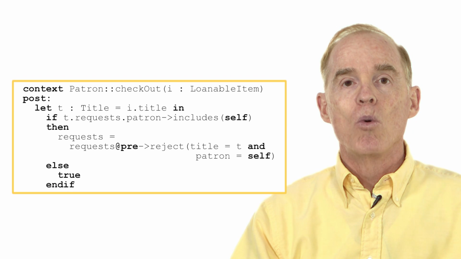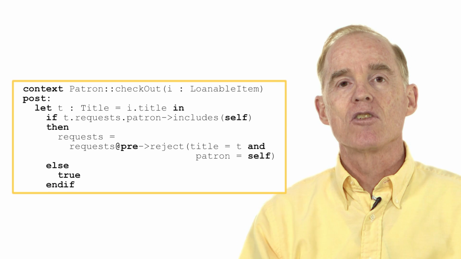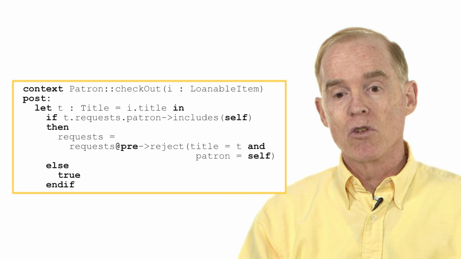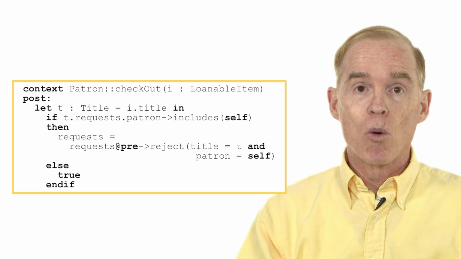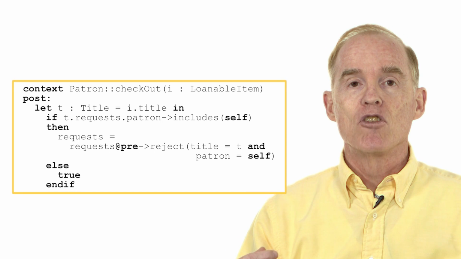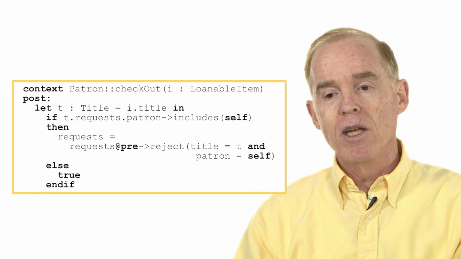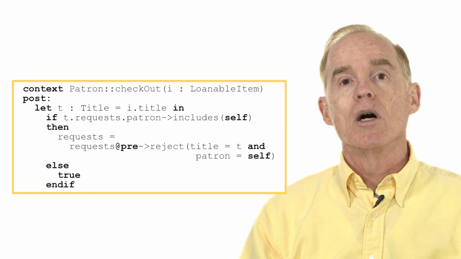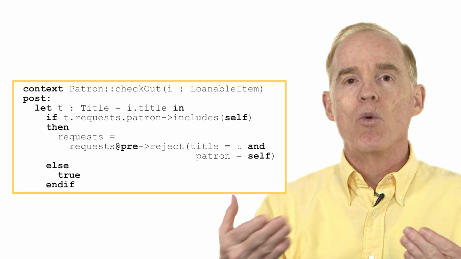And if so, we want to do another one of these statements of equality between the state before and the state afterwards. So the state afterwards is the requests association, and the state before is requests at pre. And in this case, it's not that we're adding in a new record, we want to remove it.